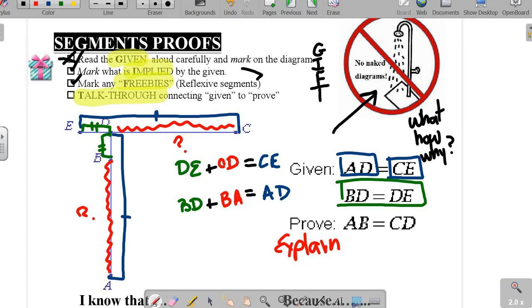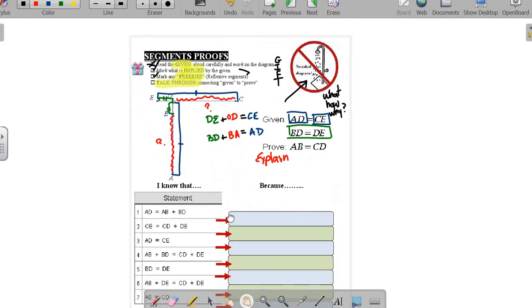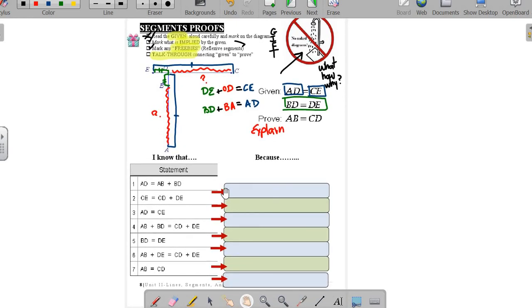At some point, you should have said the word subtract or take away. So this is how you're explaining how do you know this is a true statement. Why is this true?